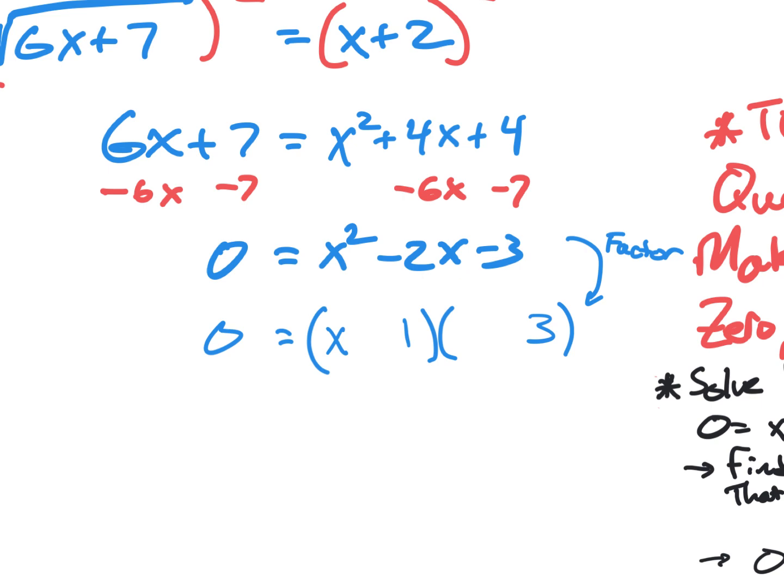We could make this a -1 times a positive 3. Now, we've got to double check. Does -1 plus -3 make, or does it add to -2? Nope, they don't. All right, so our signs need to be fixed here.